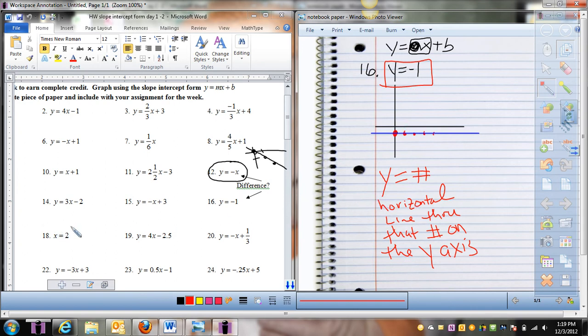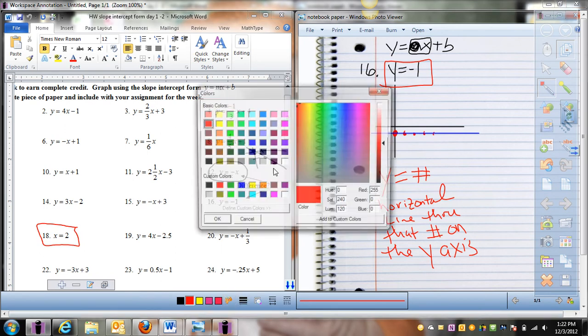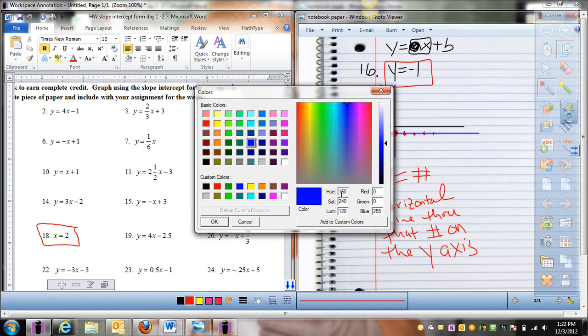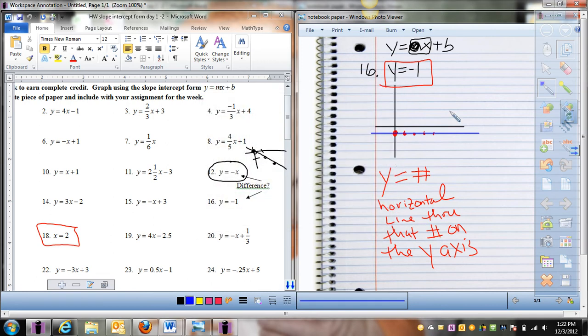Okay? And just the converse of that is true as well. So if you notice down here, we've got x equals 2. So let's just do the opposite of all that. If it's x equals a number, let me change the color again. Let's use a blue. Here we go, blue. If it was x equals 2, like it is in number 18, well, that's going to be not a horizontal.